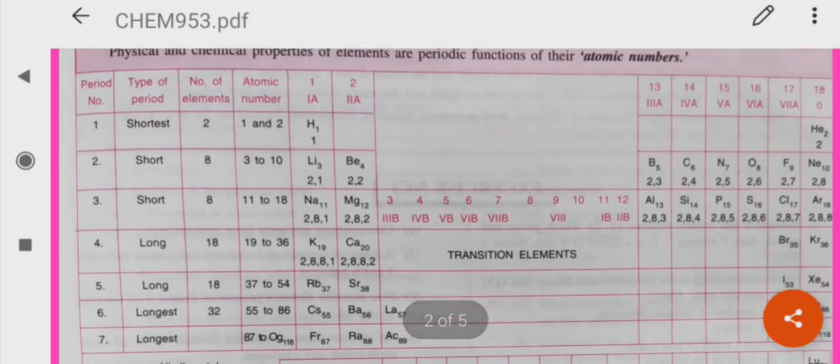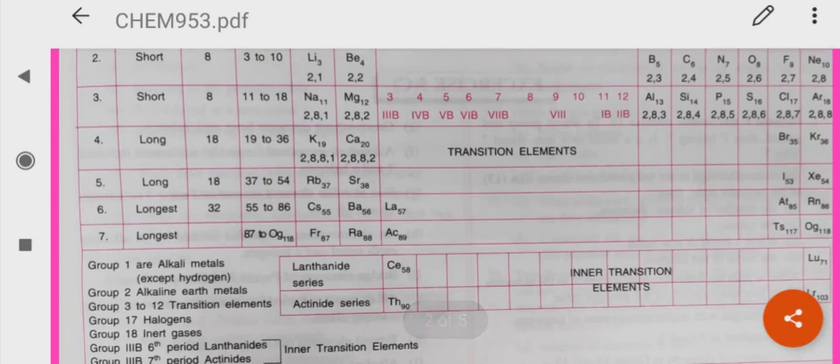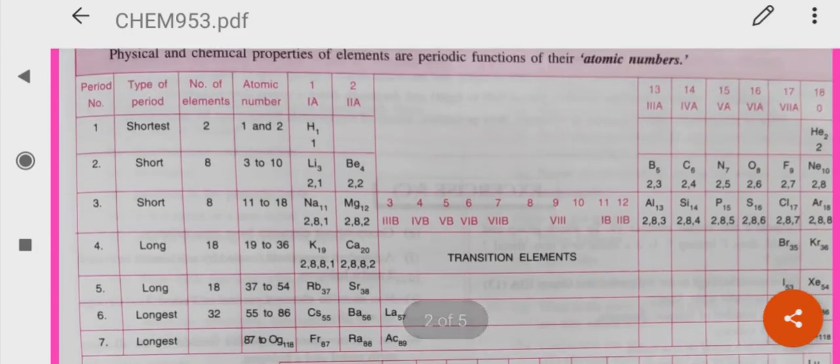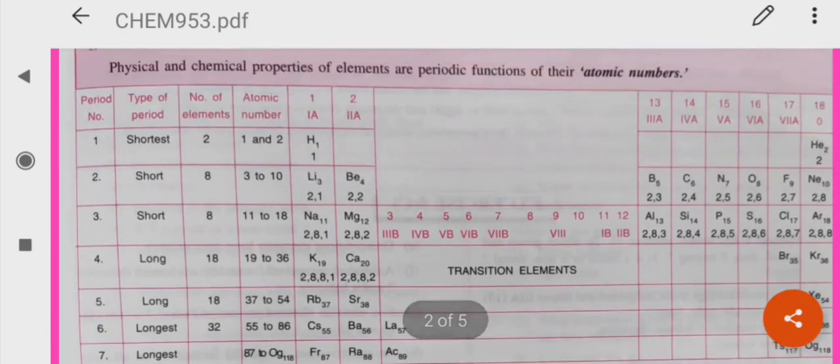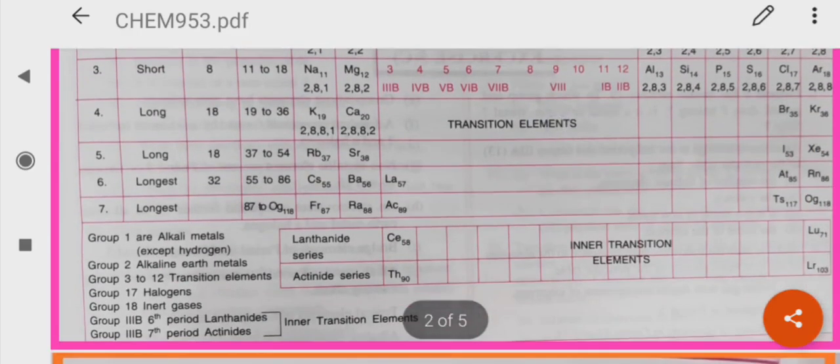Group 2 is known as alkaline earth metals. Then comes group 3 to 12, or we can say 3B to 7B, including group 8B, 1B and 2B. They are known as the transition metals. Group 17, they are known as the halogens. Group 18, noble gases, or inert gases.